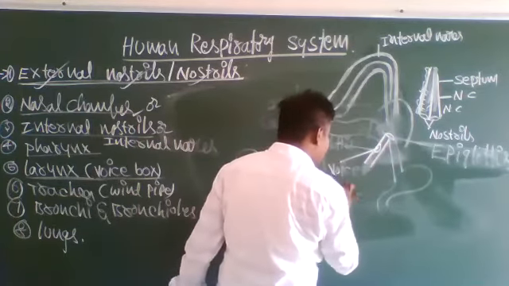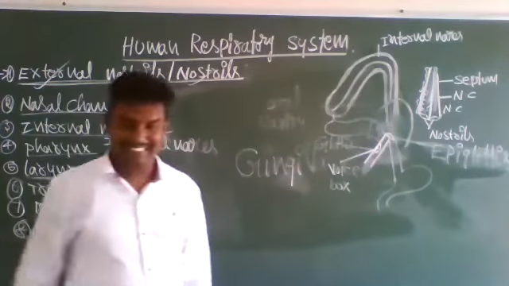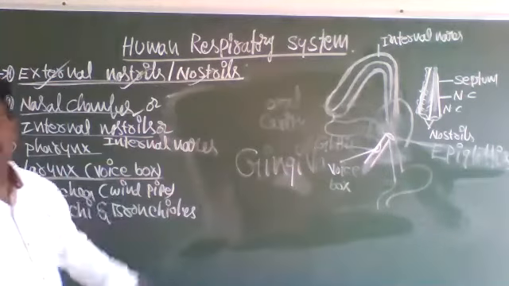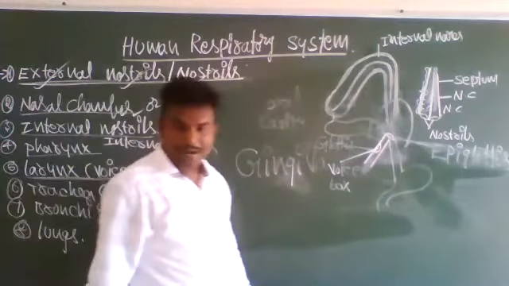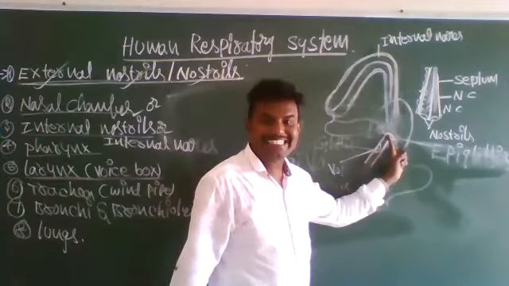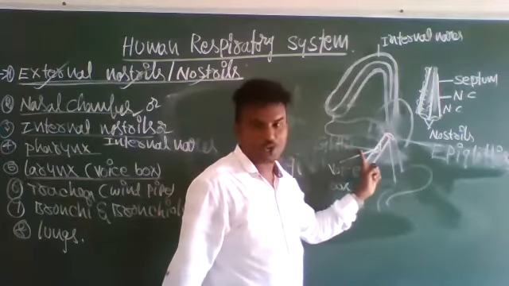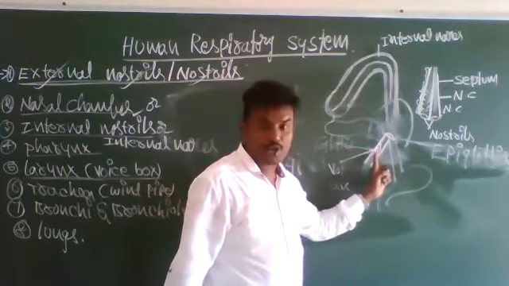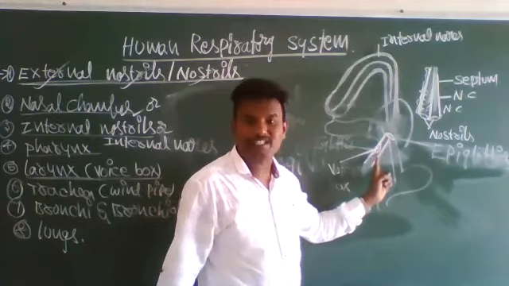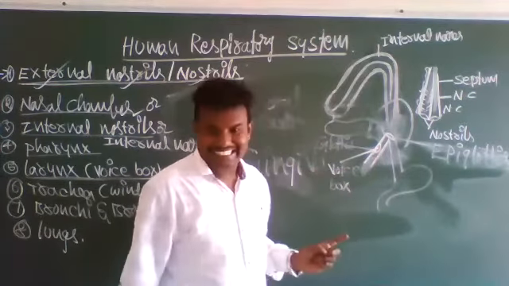The cartilaginous flap called the epiglottis acts as a lid over the glottis. The glottis region contains the voice box, that is called the larynx.